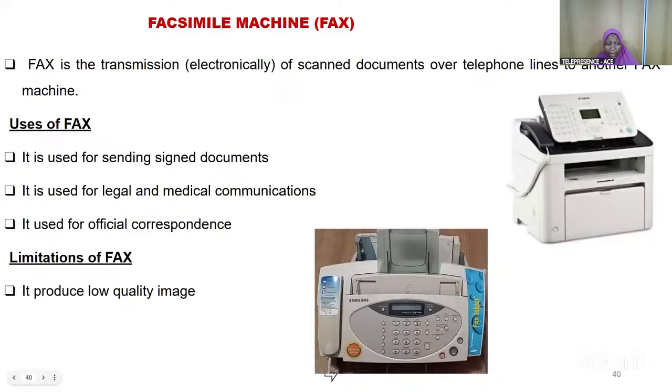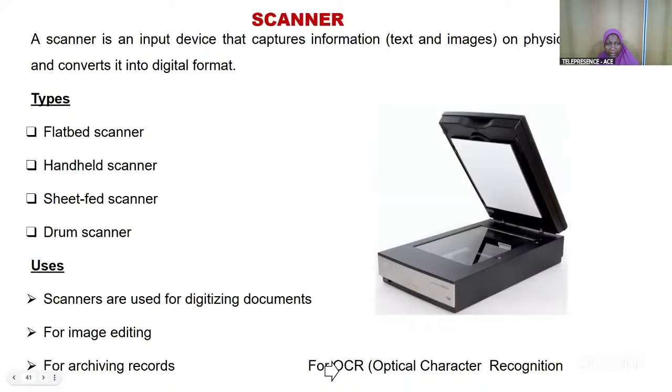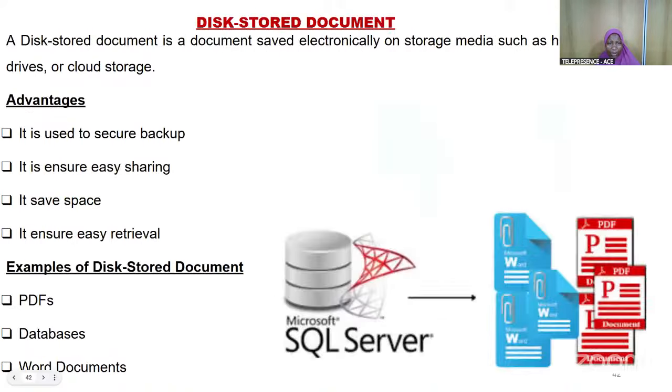Okay. Apart from fax machines, there are scanners. There are scanners that are just for digitizing. I mean, if you want a digital copy of a physical document, a scanner will do that for you. And some devices store documents, like your PDFs, your databases, your Microsoft Word files, and so on.